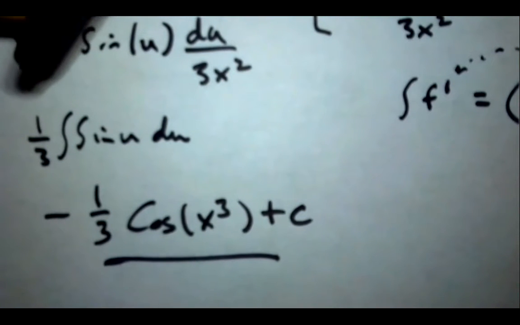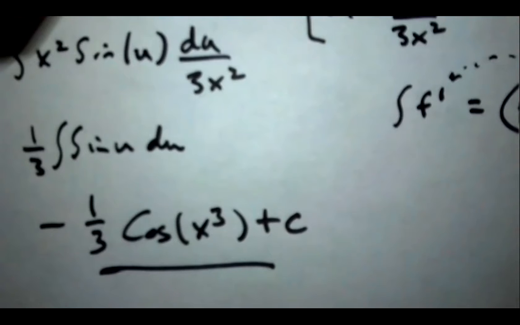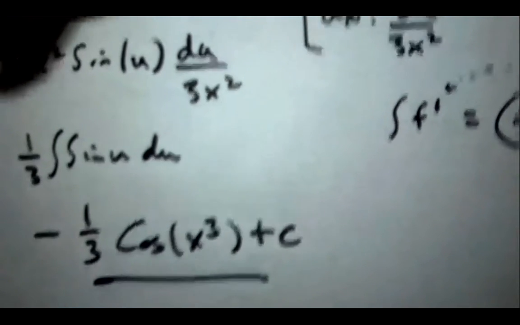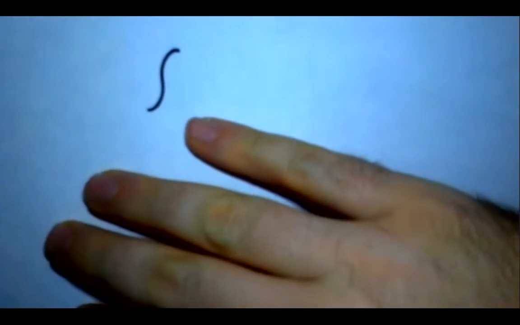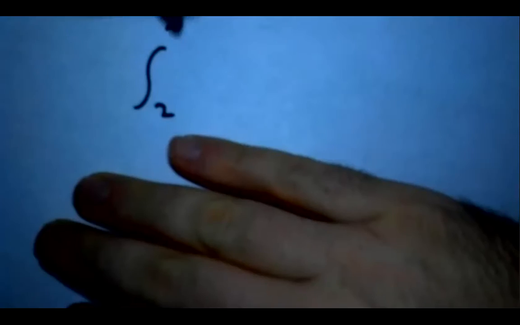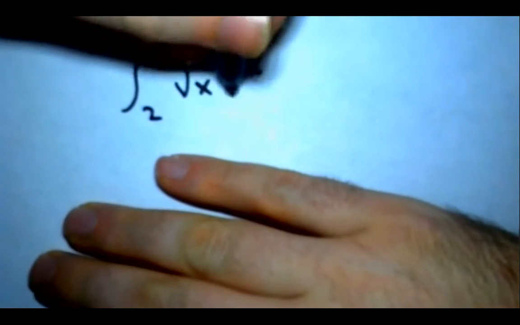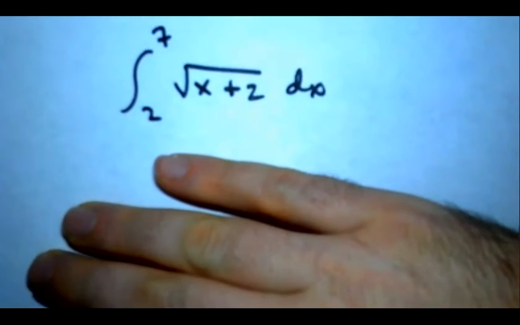All right, takes us to number 6. Okay, number 6 is going to be the integral, and now we've got some bounds, 2 to 7, of the square root of x plus 2 dx.